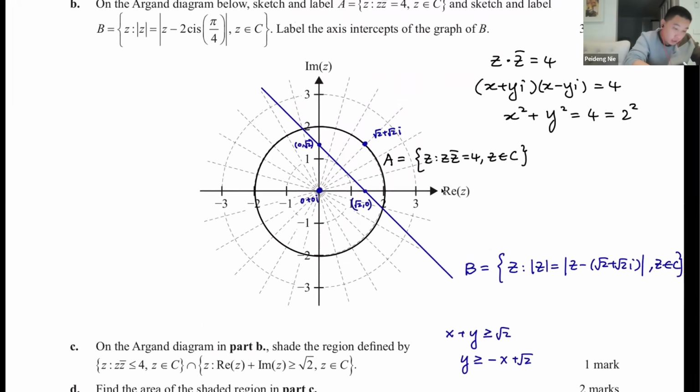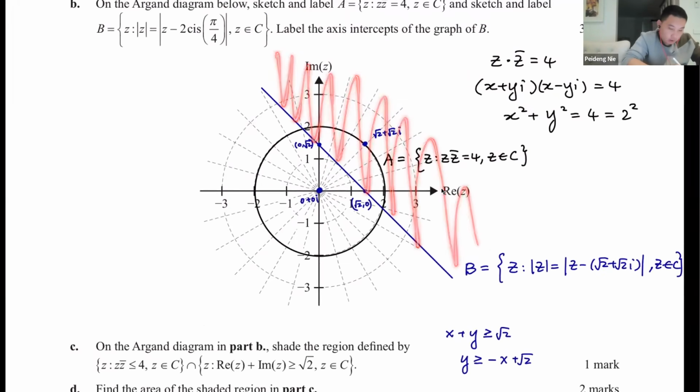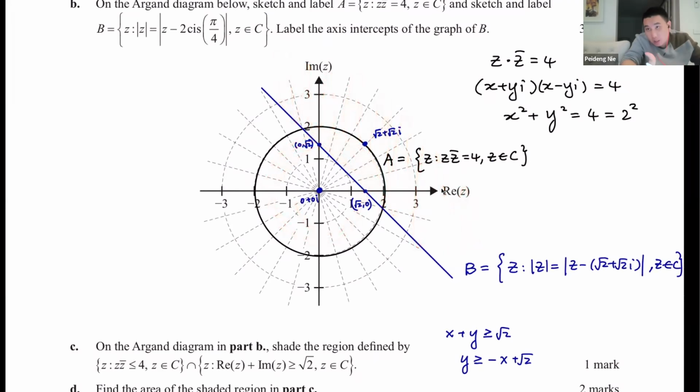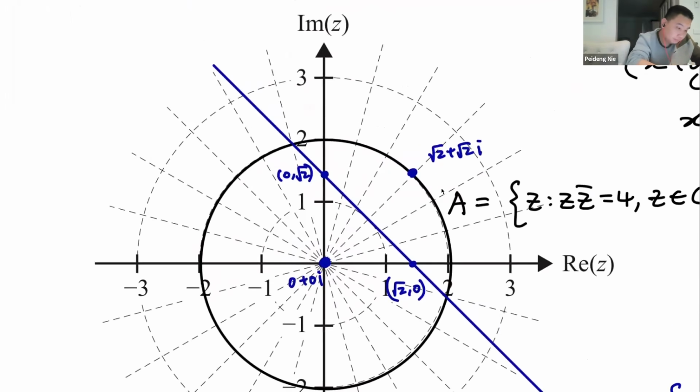So if I intersect this region and this region, only this bit in the middle, which is a segment, will be our final feasible region. So I'm going to use some nice color to shade whatever I need to shade.